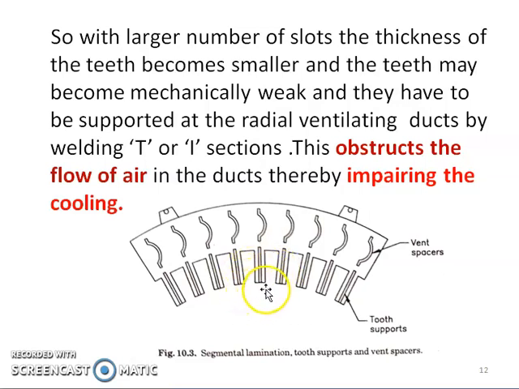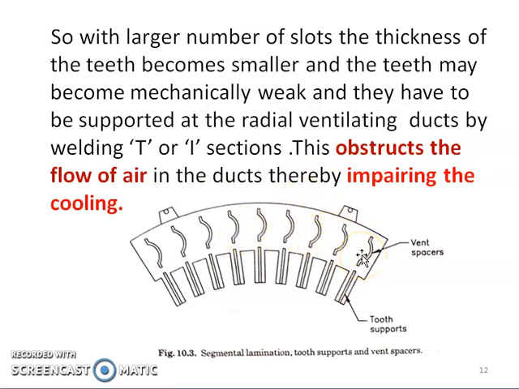To reinforce this particular area of the tooth, usually either T or I sections are welded near the ventilating ducts. Whenever the axial length of the machine exceeds 10 to 12 centimeters, fan cooling is not sufficient, and to improve ventilation, usually radial ventilating ducts are used.